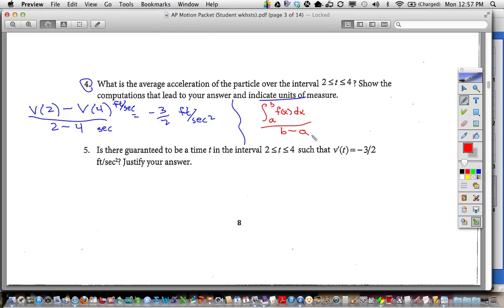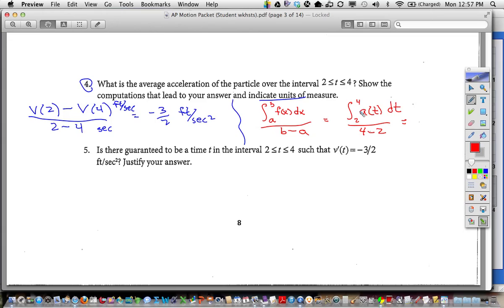That's the average value of a function. What function are we trying to find the average of here? Acceleration. So in this example, we're doing the integral from 2 to 4 of the acceleration function over 4 minus 2.